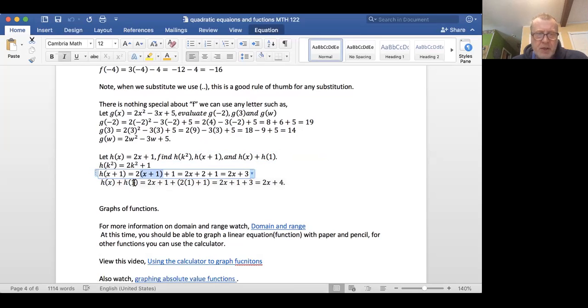And then h of x plus h of 1. h of x just means we rewrite h of x, 2x plus 1. h of 1 means every place there's an x here, we substitute in 1. So here's where the x was, so we substituted in 1. 2 times 1 is 2, plus 1, which gives us the 3. So we get 2x plus 1 plus 3, or 2x plus 4.